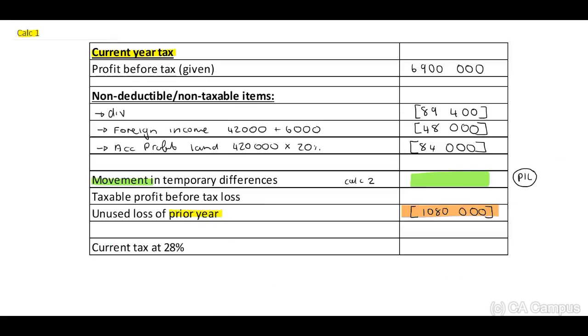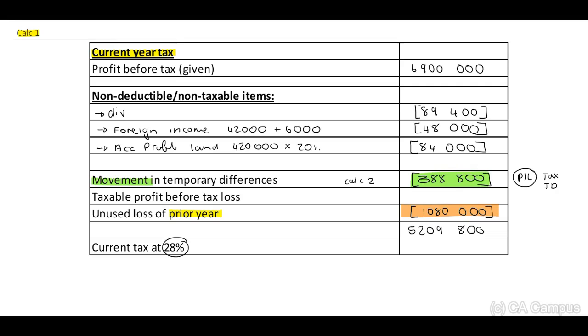Let's transfer this. 388,800, and we need to include a bracket. Our brackets, right, guys, because it's a taxable temporary difference. Okay, so we are now able to calculate our profit for tax purposes, and this will be an amount of 5,209,800.